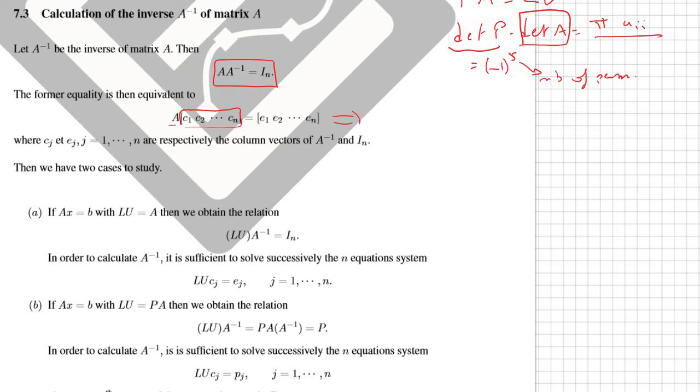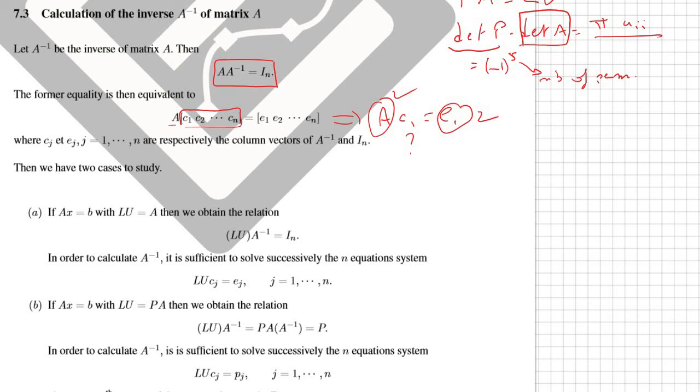This means that if I multiply A by the first column of A^-1, it will give me E1. The thing is that E1 is known, A is known, and I have to find C1.